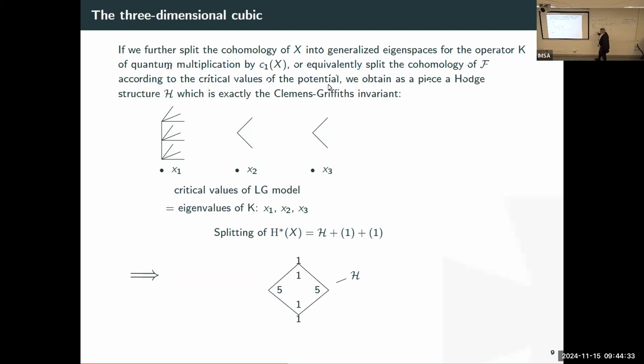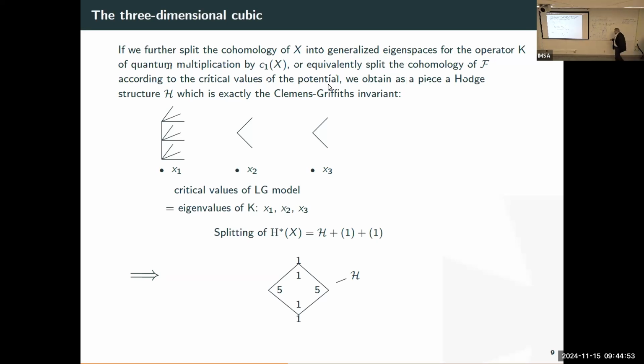So we forget about the Landau-Ginzburg model, and what we want to remember is these eigenvalues of the quantum multiplication by C1 of T of x, where x is our function. So what do we get here?